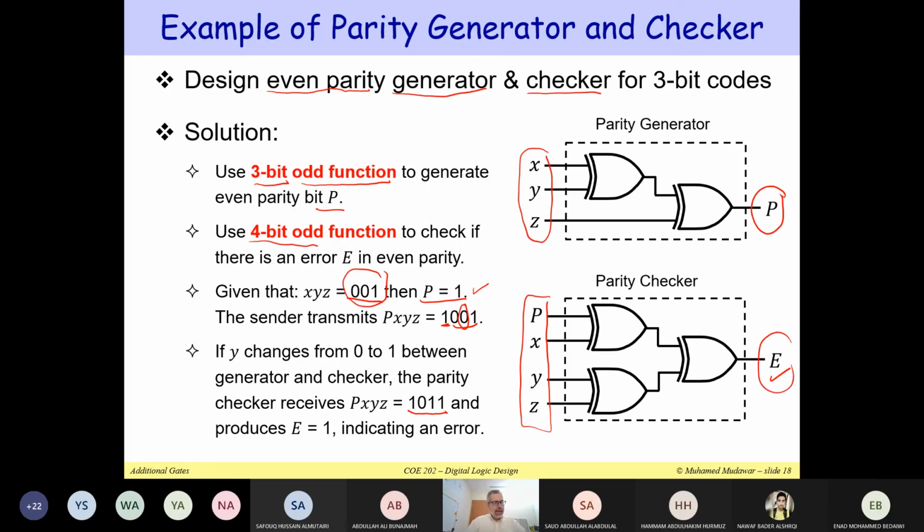So clearly we have an error. For this reason, the parity checker here is going to use also an odd function to check the received bits. If the received number of ones is odd, then the error will be equal to 1, indicating that it has detected an error, because it is supposed to receive an even number of ones, but it received an odd number of ones, and this is the indication of the error.